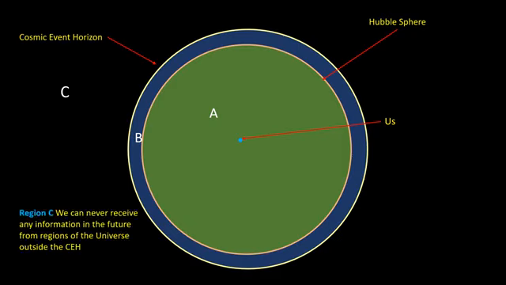Objects outside the event horizon, we can never receive any information from these regions. Light from these objects will never be able to reach us in the future.